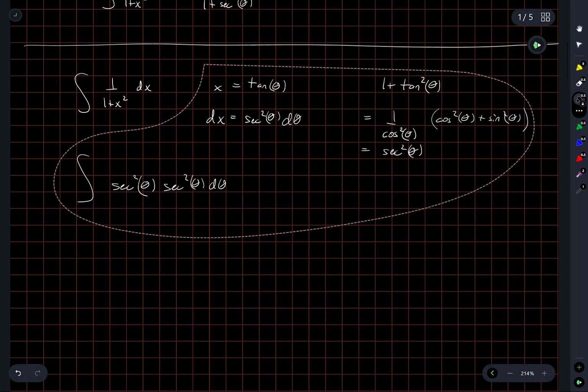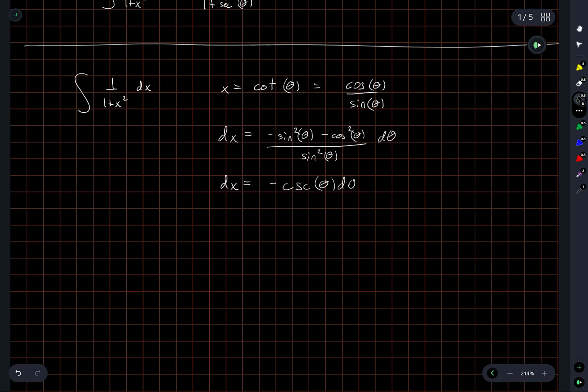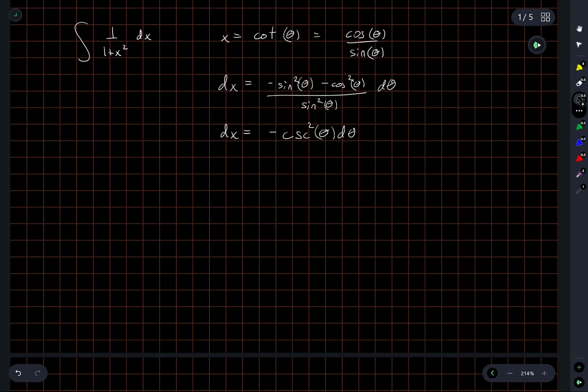Okay. Let's get rid of this. Let's say x is equal to cotangent theta, just to see what happens. Okay.